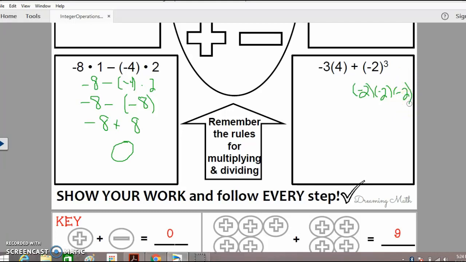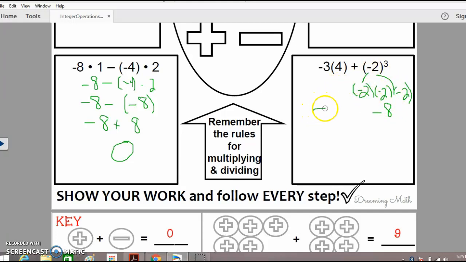Okay, so negative 2 times negative 2 is positive 4, but positive 4 times negative 2 is negative 8. So this whole thing really means negative 8.